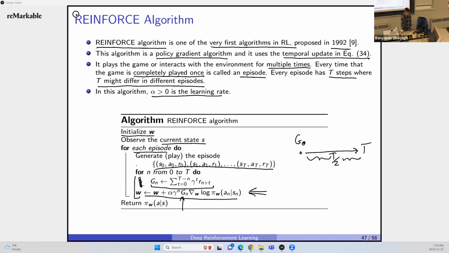So G0 will still be a bit good because of this part. But T over 2 plus 1 is very bad, so for this part, it will be ignored. For this part, it will be almost ignored, not much. But this G0 is less than the G0 of very good play. The G0 of very good play will be much larger than this G0. Agreed? Did you understand? Okay.